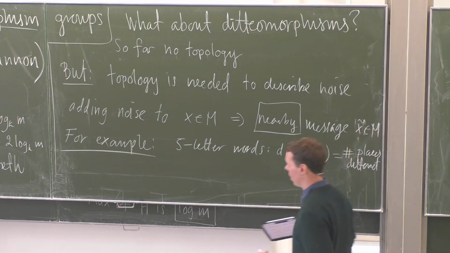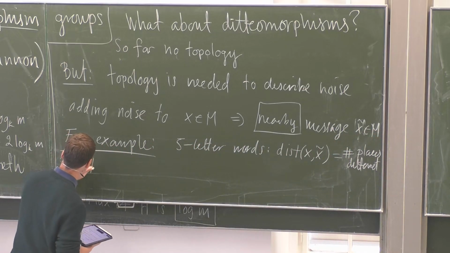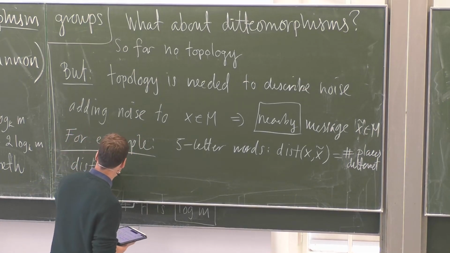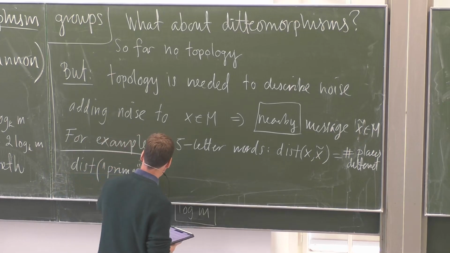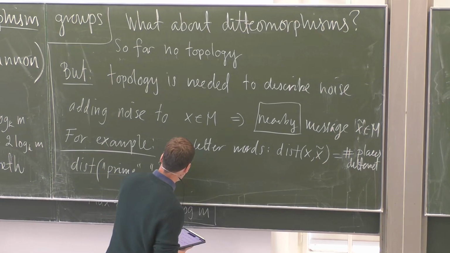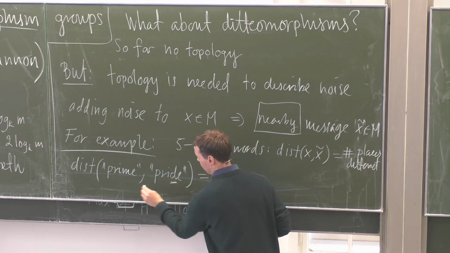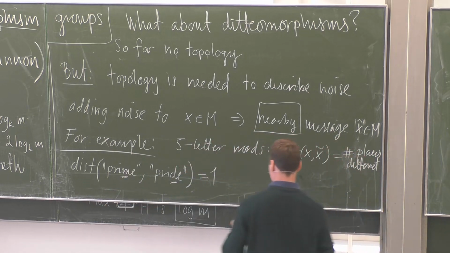In this string, how many places are they different? So, for example, the distance between the word prime and the word pride would be 1. And this is actually called the Hamming distance.